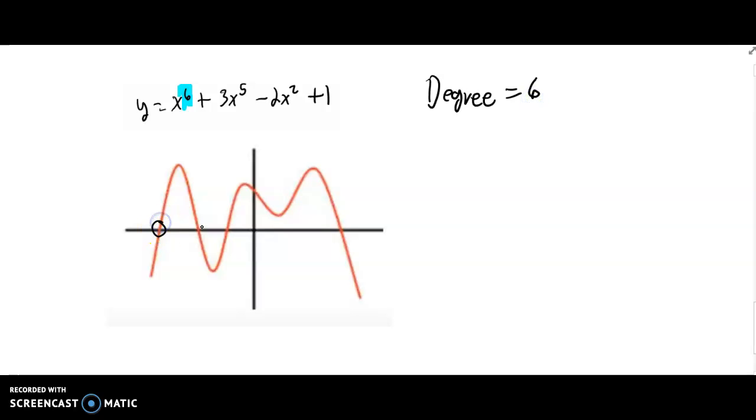I see 1, 2, 3, and 4. Okay, so that gives us 4 real roots. And then I have this little parabola here opening away from the x-axis gives us 2 imaginary roots.